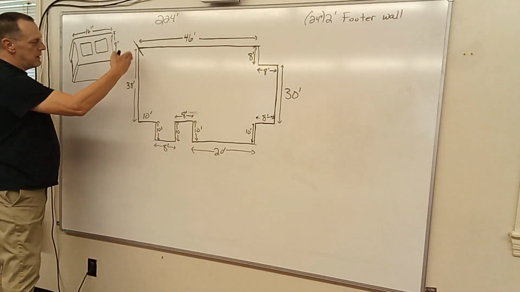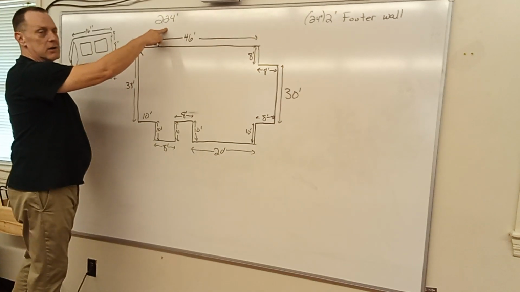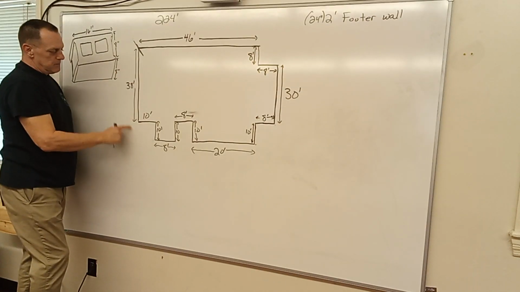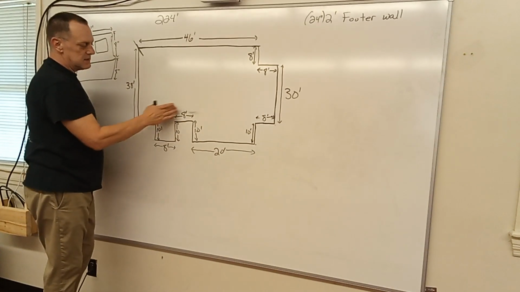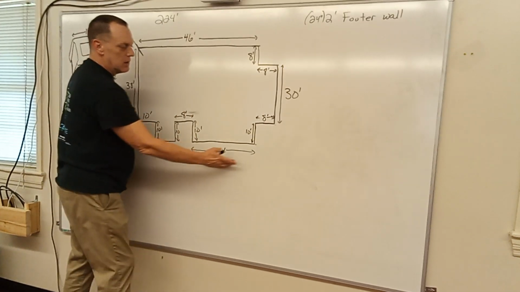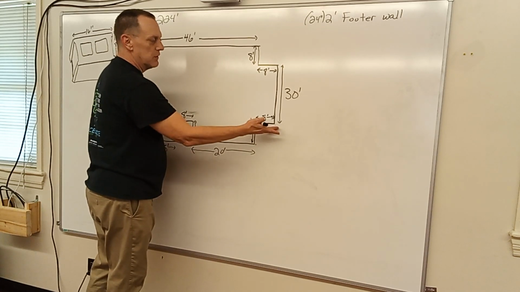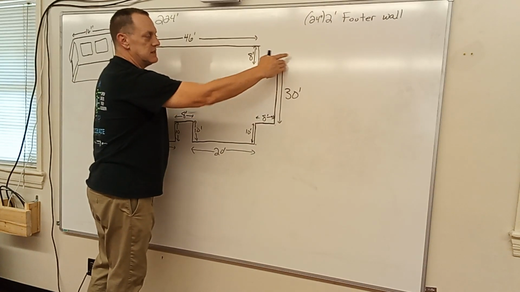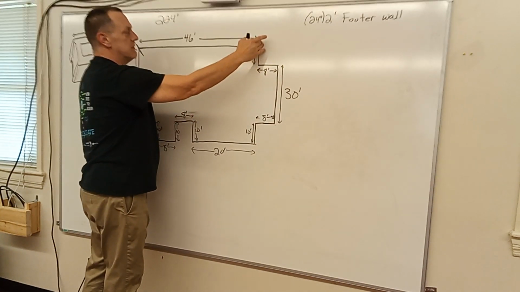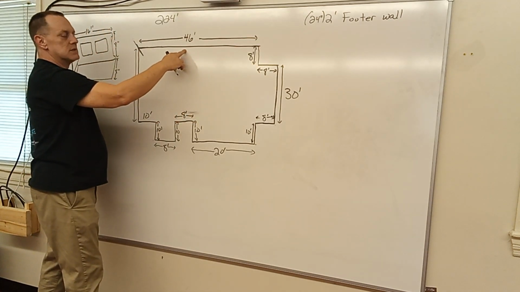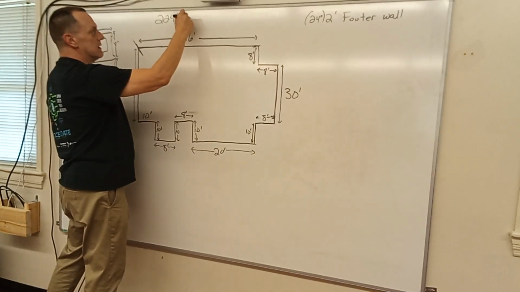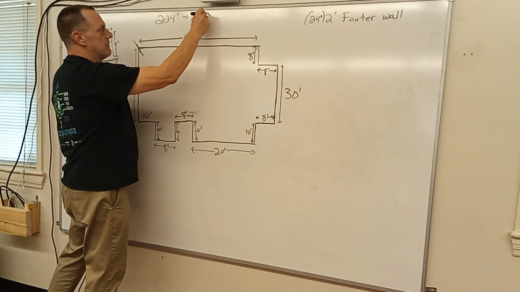So let's go back this way, just so we're double checking. 38, 48, 58, 66, 76, 84, 94, 114, 124, 132, 162, 170, 178, and then 178 plus 46 will give us again 224 feet.